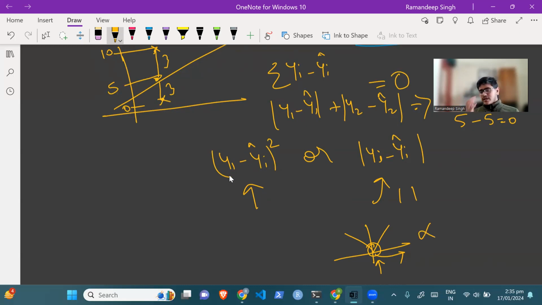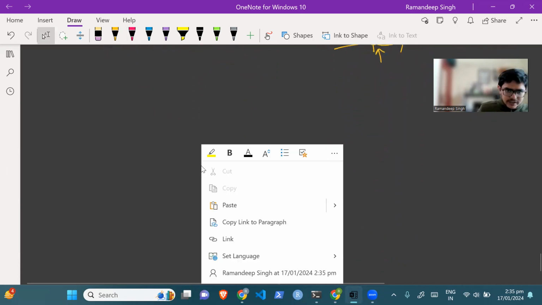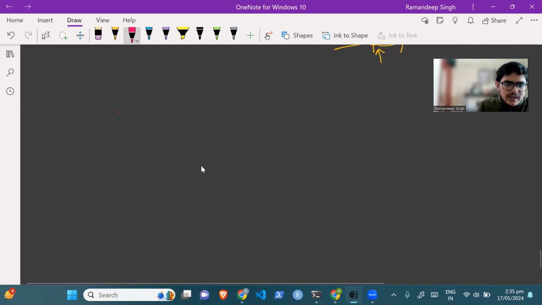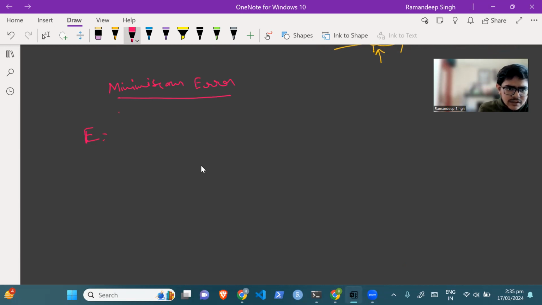So we cannot take the modulus function as our error function. So our new error function is summation yi minus yi hat whole square. I hope I am clear up to this point. So we need to minimize our error, and my error function is summation yi minus yi hat whole square.